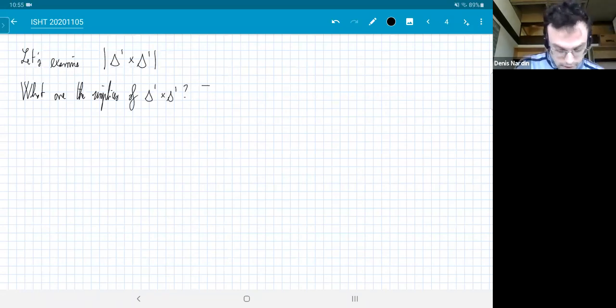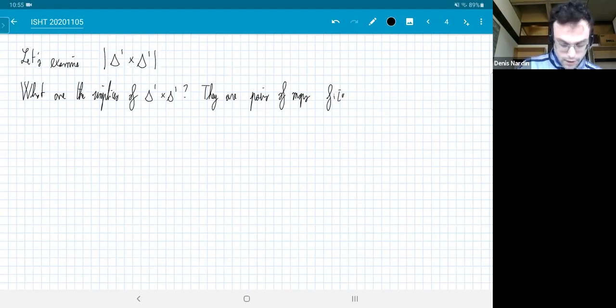Well, they are pairs of maps, f from n to 1 and g from n to 1. So concretely, you can think of them as strings of zeros and ones.